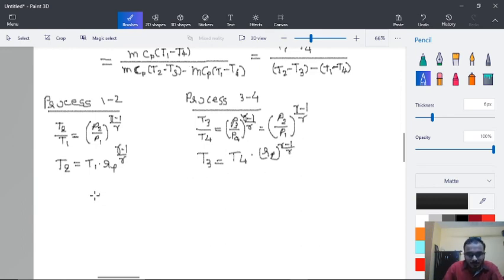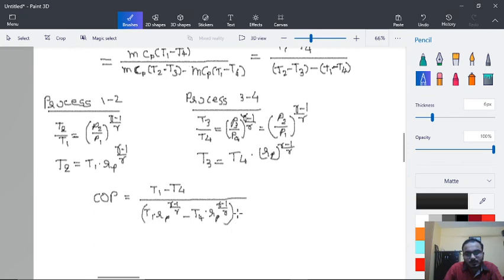So COP will be equal to (T1 minus T4), as the numerator is kept as it is, divided by, instead of T2 we can put this, that is T1 into Rp raised to gamma minus 1 over gamma, minus T4 into Rp raised to gamma minus 1 over gamma, minus (T1 minus T4).